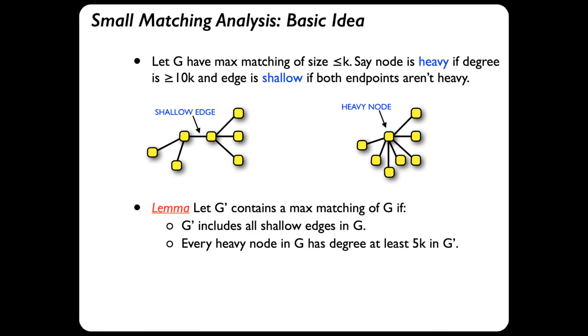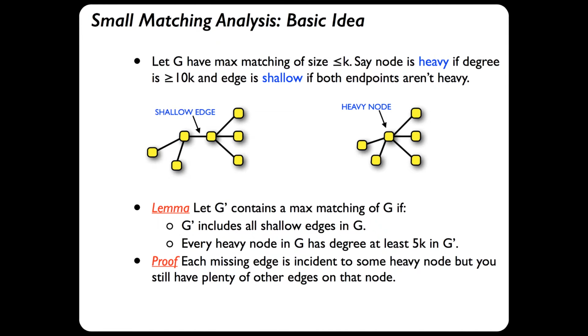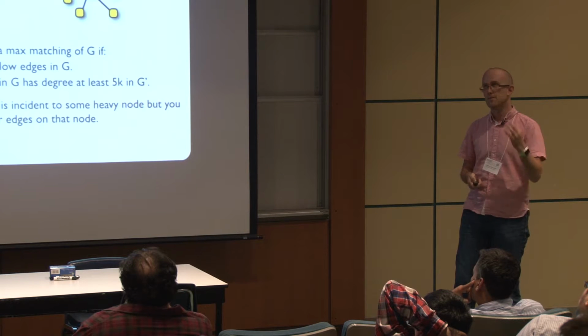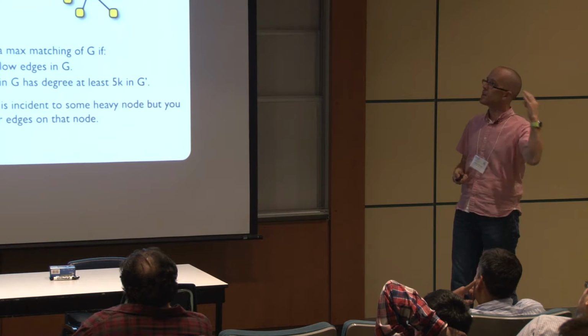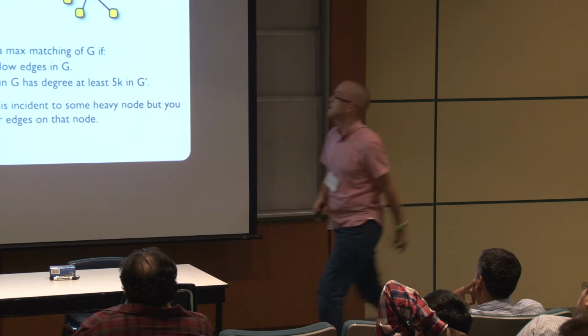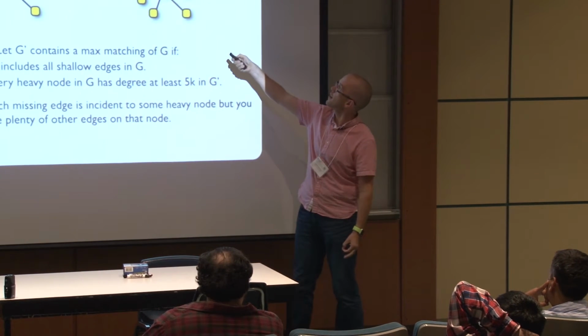Okay. What this means is that the only edges that G prime is missing are edges incident on a heavy node. You've made sure you've remembered enough other edges on the heavy node. So the idea for proving that G prime contains a maximum matching of G if these things are satisfied, it just follows because you can argue that for every edge that's missing in G prime that was originally in G, it must be incident to some heavy node, like this guy.